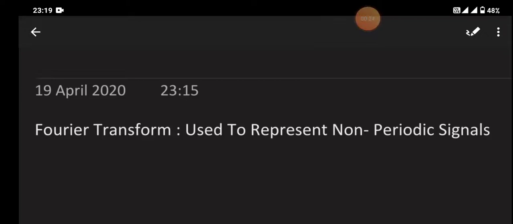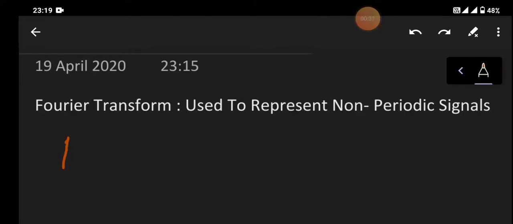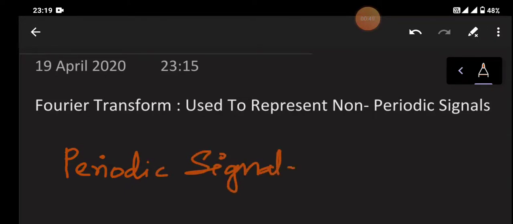If we are having periodic signals, then the periodic signals can be represented through Fourier series, or in short FS, because we can represent different frequency components that compose a signal in the form of Fourier series, which is a mathematical representation for a periodic signal.